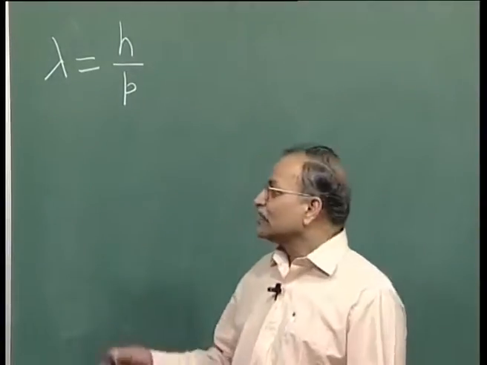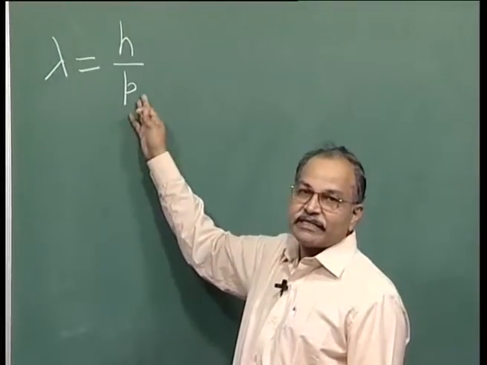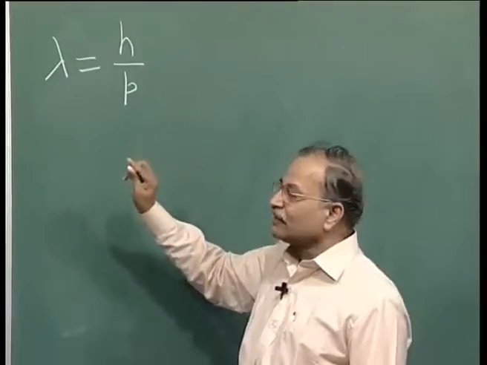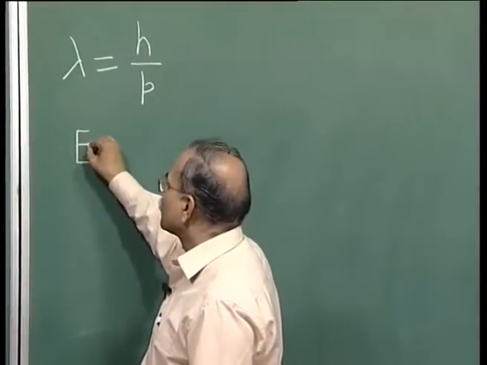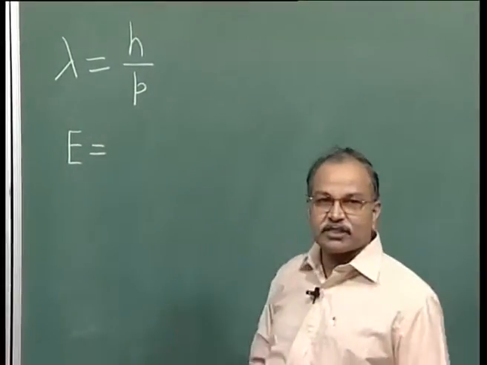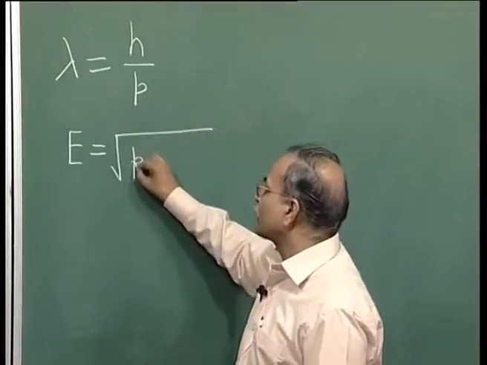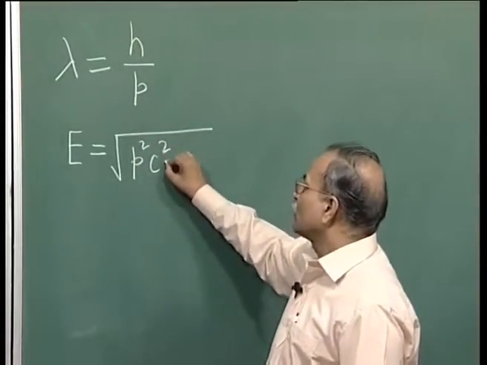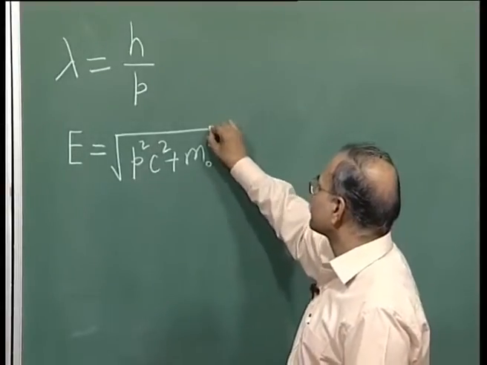So, if I look the relation between the linear momentum and kinetic energy, the general relation taking relativistic effect into account is that total energy including the rest mass energy, everything, is square root of p square c square plus m naught square c4.